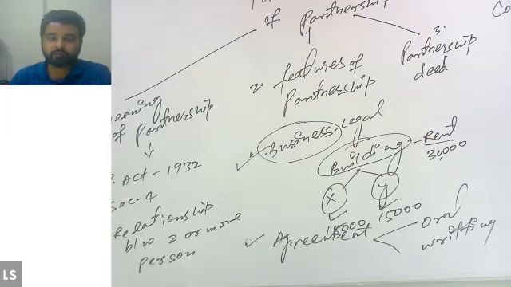It can also be oral. That means if two or more persons are joining together to make a partnership, they may opt to enter into the agreement in writing, or they may agree on certain terms and conditions orally as well. So there is no restriction regarding the agreement being in writing or oral.